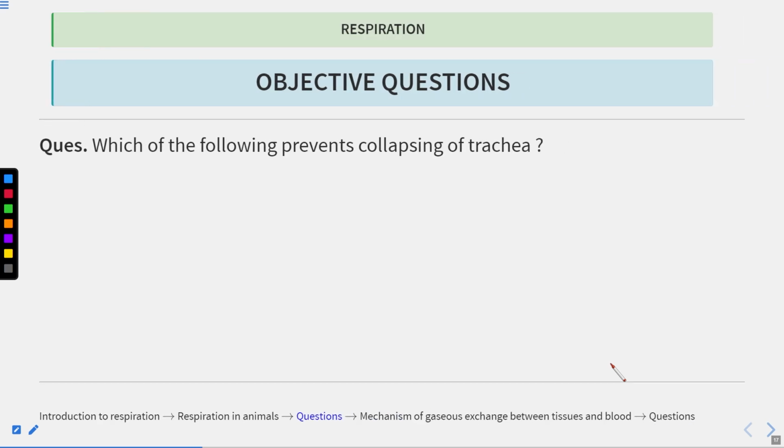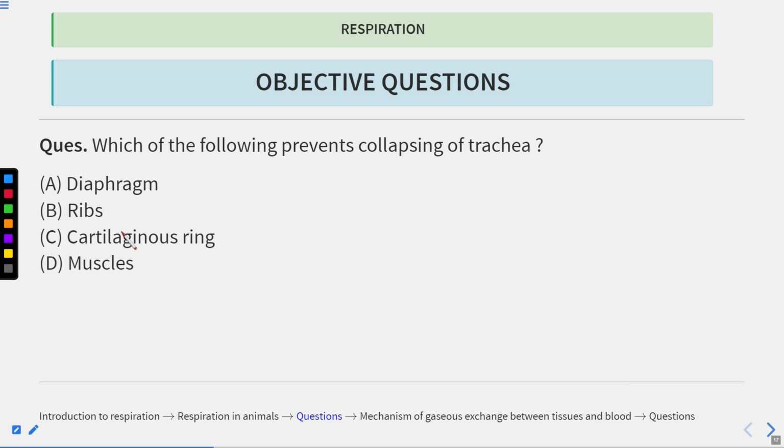Now, next question. Which of the following prevents the collapsing of the trachea? The options are diaphragm, ribs, cartilaginous ring, and muscles. We have already discussed all of these terms.